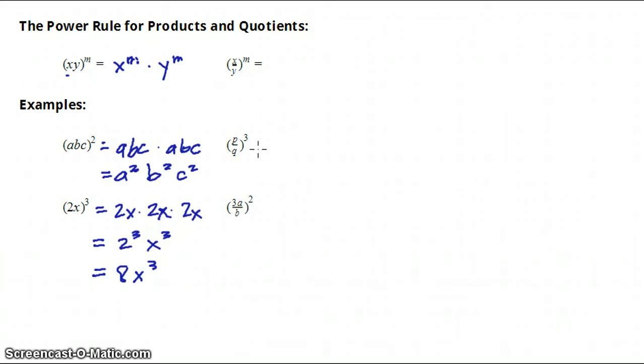So now let's look at some quotient examples. Quotients are going to look much the same. They're going to work in the same way. If I have a quotient like p over q raised to the third power, I'm going to think about fractions. If I had the fraction p over q and I need to multiply it by itself three times, what it would look like would be p over q times p over q times p over q.